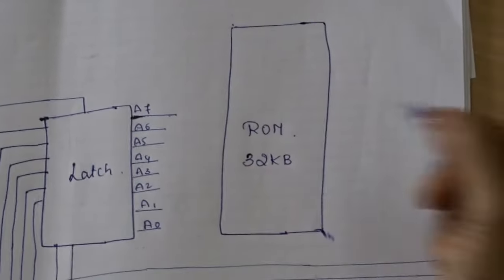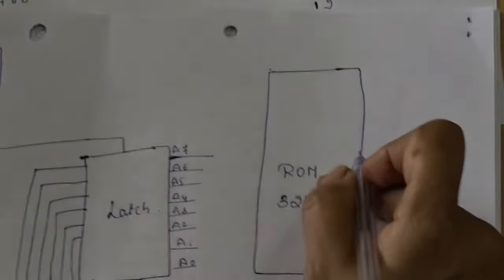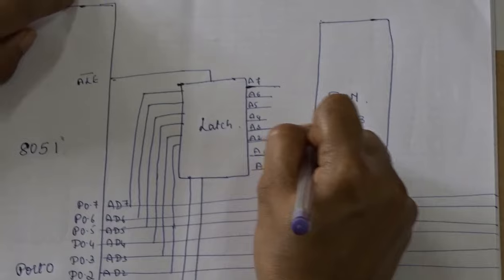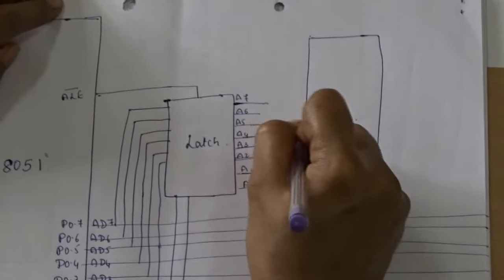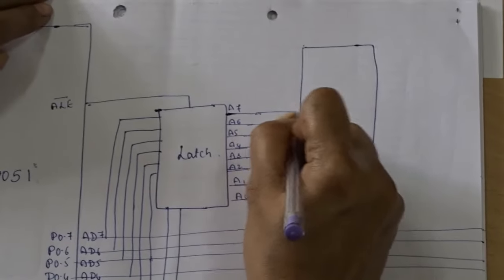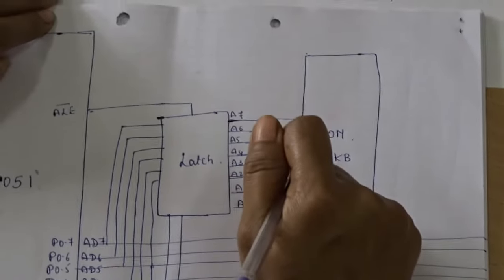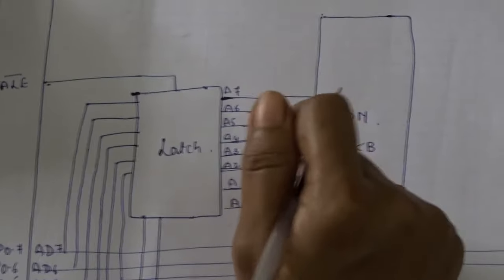First, I'll make the necessary connections to ROM. So totally how many address lines are required? Totally 15. From the lower order, 8 address lines are there, so all the address lines you need to connect: A0 to A7. That is totally 8 address lines that are present here.